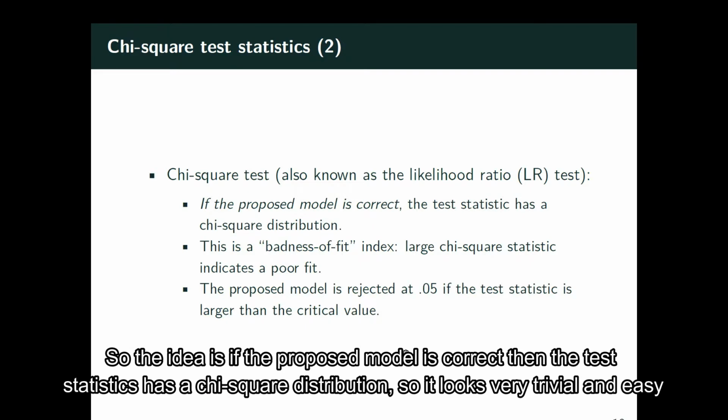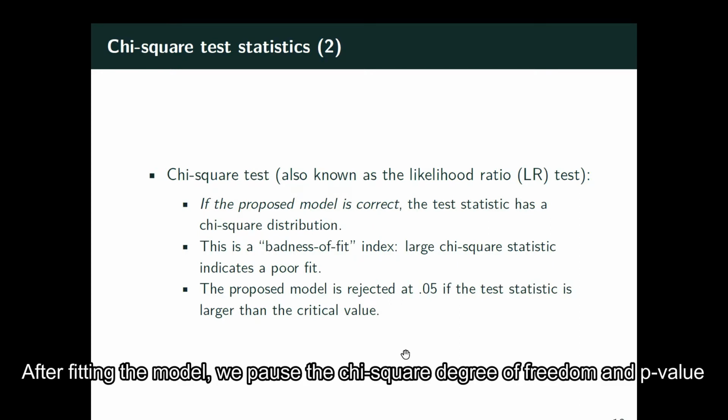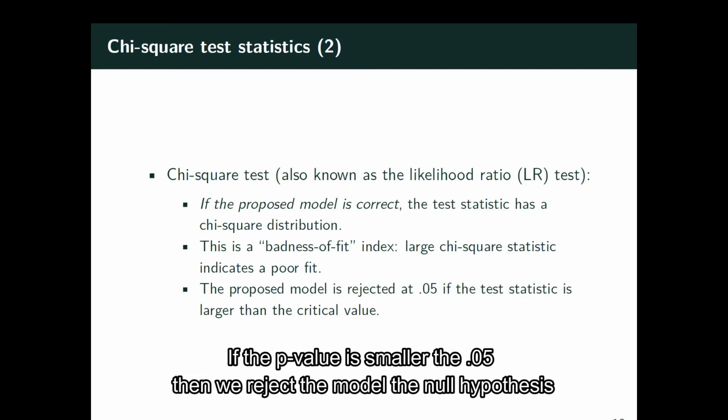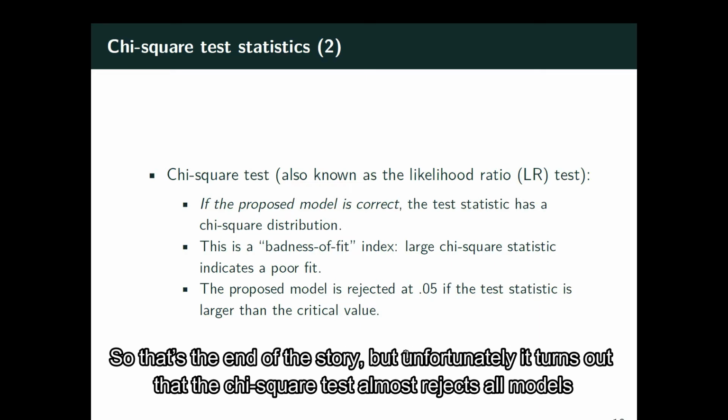The idea is that if the proposed model is correct, then the test statistic has a chi-square distribution. It looks very trivial and easy. All of us know how to interpret the result. After fitting the model, it reports the chi-square, degrees of freedom and p-value. If the p-value is less than 0.05, then we reject the model, the null hypothesis. So that's the end of the story.